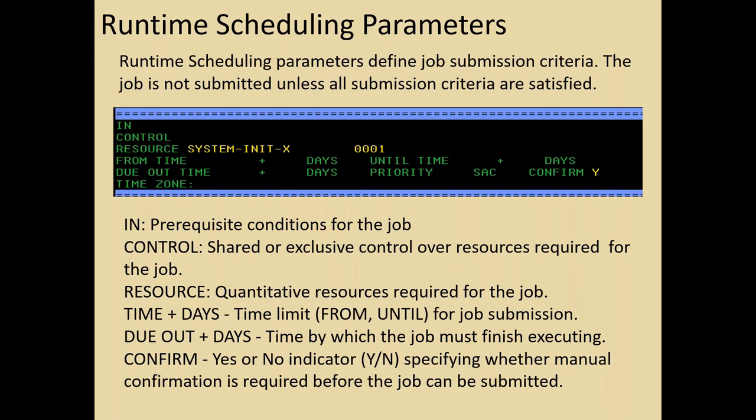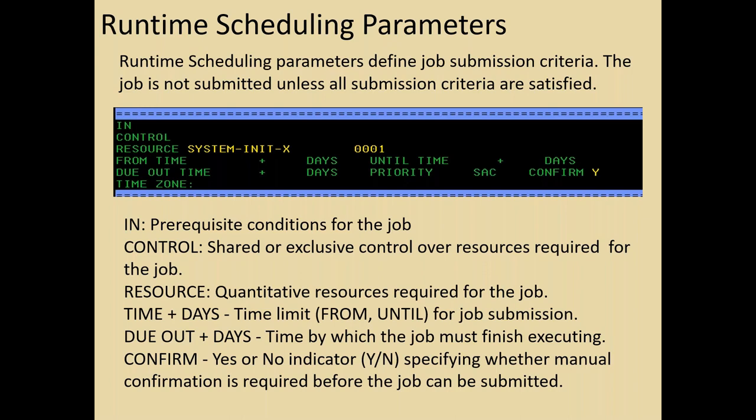Okay, so I'll go with control. Control: shared or exclusive control over resources required for the job. Then the next parameter is resource: quantitative resources required for the job. Then time plus date gives the time limit from and until for a job submission.